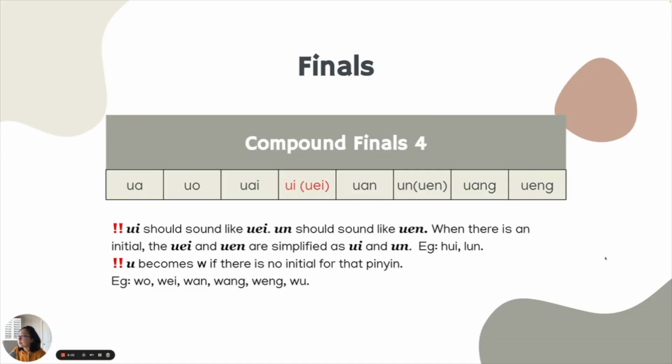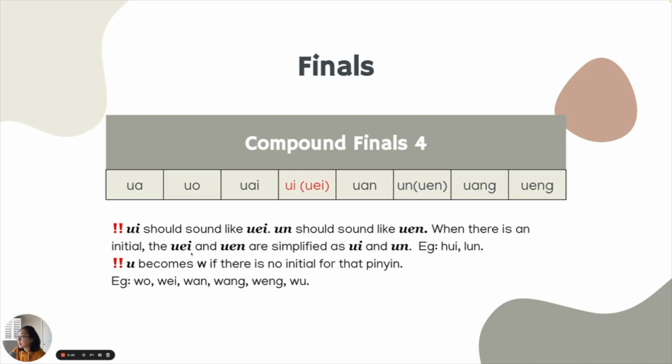And then the next set is the U compound finals. So U and A, put them together, wa, and then wo, UAI, wai, and then UI pronounced as UEI. UI should sound like UEI, way, then UAN, wan, and then the UN should sound like UEN, wen, and then UANG, wang, and then UENG, weng.